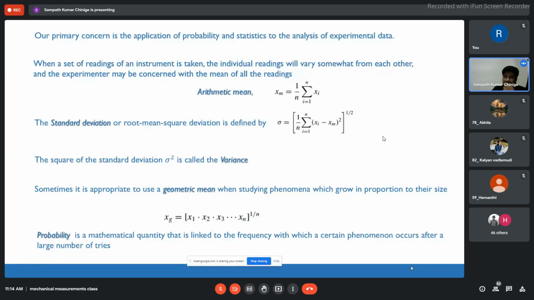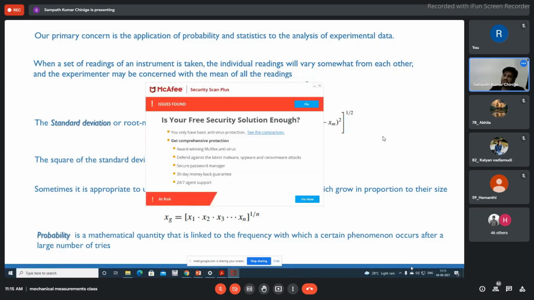In such a case, if the instrument is giving individual readings which vary somewhat, what we basically do is find the arithmetic mean, median, and mode. You might have studied mean, median, mode in your +2, in your JEE also. For example, there is a class and the class exam is for 100 marks, and each student will score differently. If I have to say in one single value how much most of the students, the maximum number of students, have got, we will generally use the central tendency.